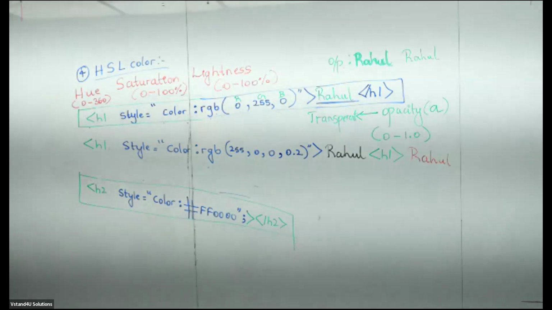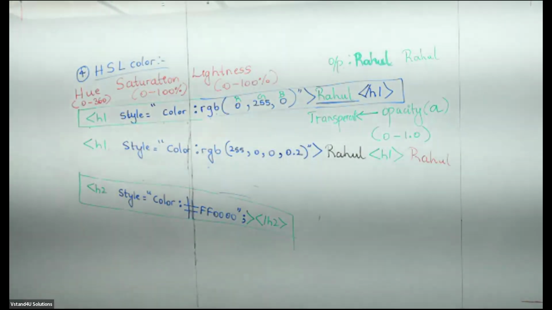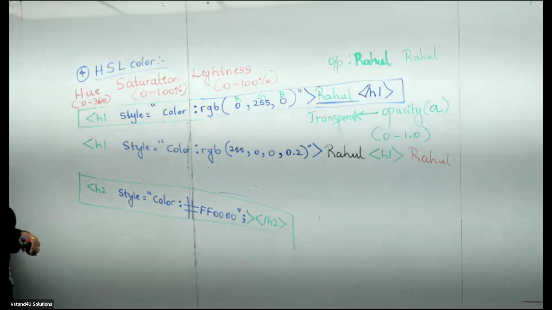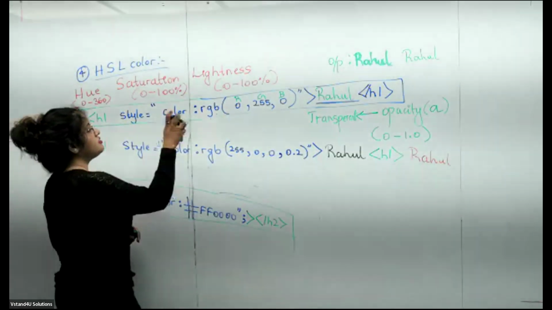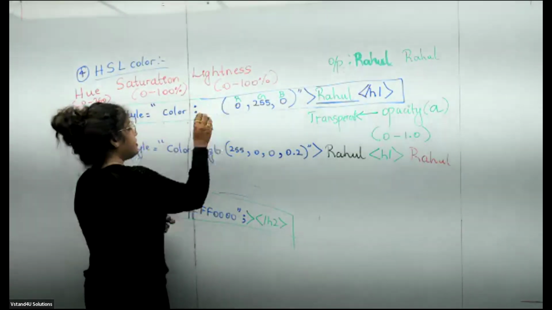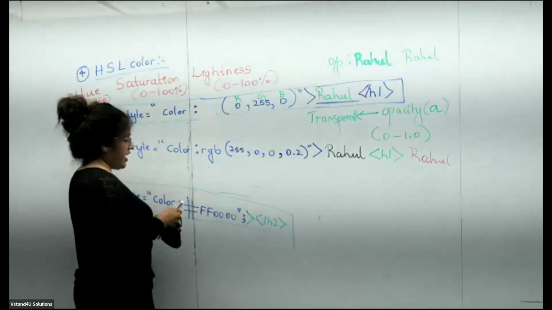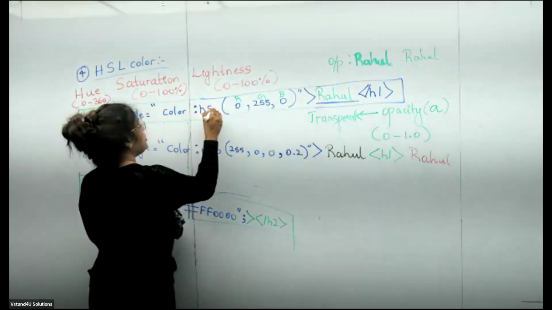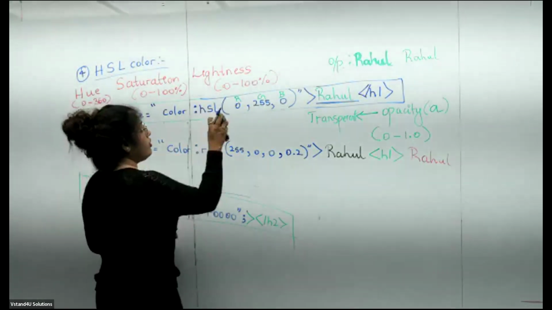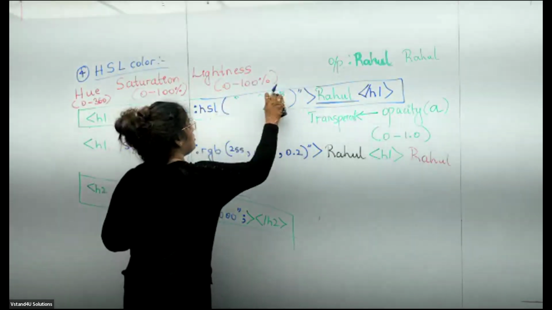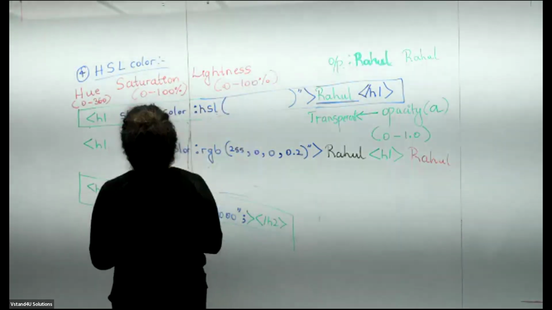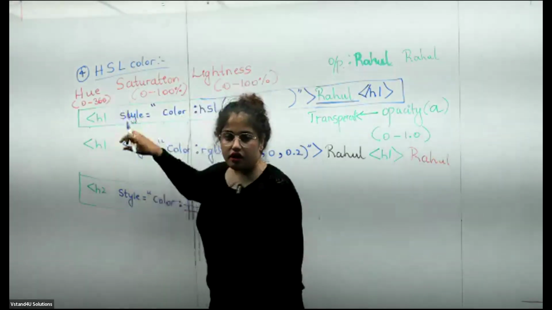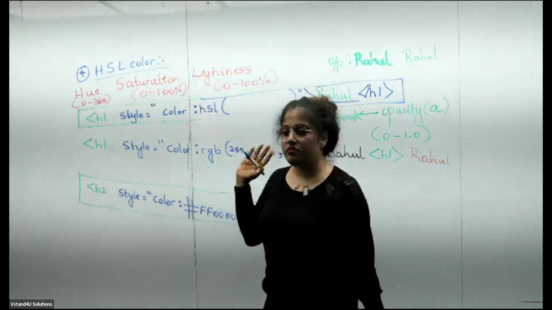Guys, clear? Now, the syntax is the same. But the only thing is, instead of RGB, you will write HSL. And you will not write like this. I have already said, for hue take any number you want from 0 to 360.